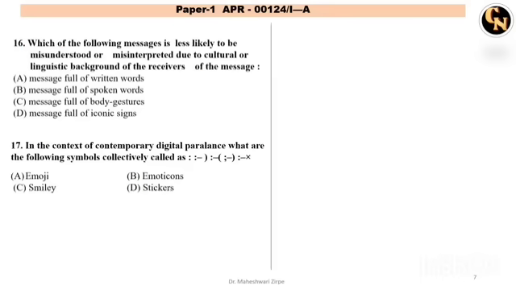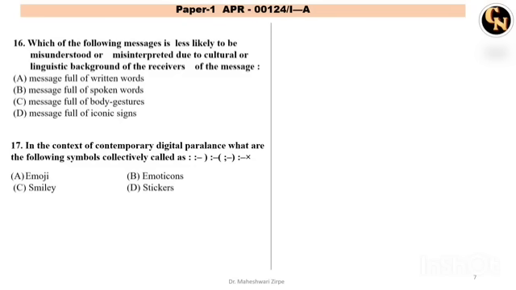Next one is, which of the following messages is less likely to be misunderstood or misinterpreted due to the cultural or linguistic background of the receiver of the message? I'll read it once again. Which of the following messages is likely to be misunderstood or misinterpreted due to the cultural or linguistic background of the receiver?